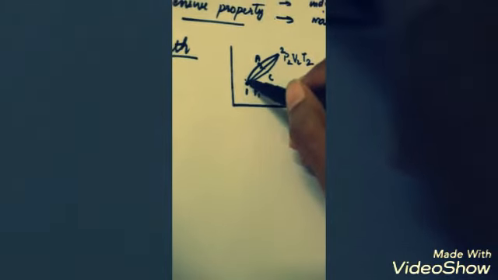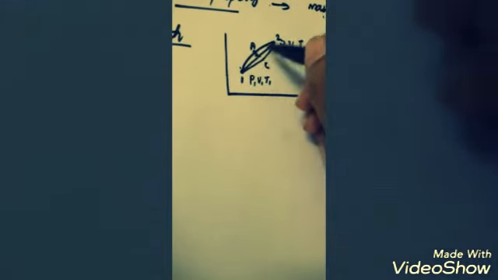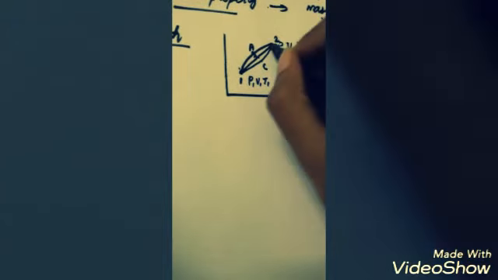If the property of the system remains the same, no matter which path it flows, that is from A or B or C, and when it reaches 2, it is independent of the path of the system.